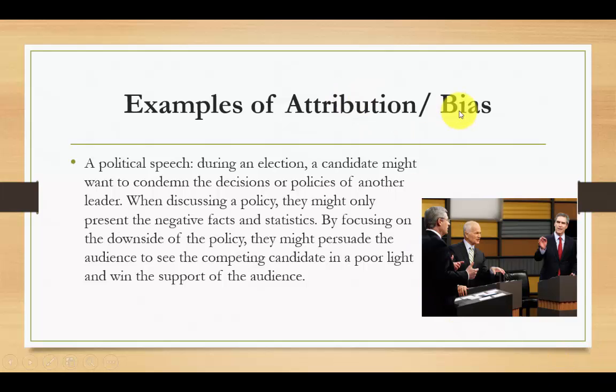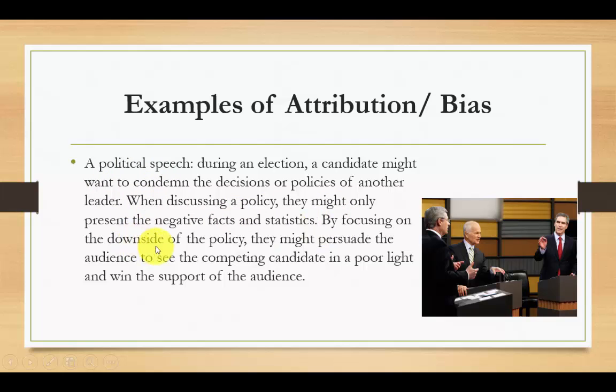An example of attribution or example of bias might be a political speech. For example, if we're listening to a political speech during an election, the candidate might want to condemn the decisions or policies of another leader. They might want to make their competition look bad. And when discussing the policy, they might only present negative facts and statistics.